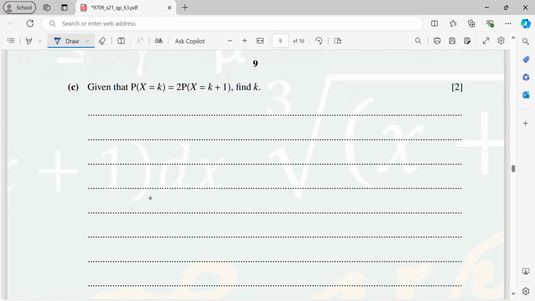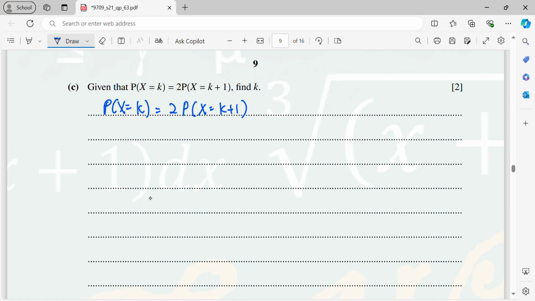C, given that P(X equals k) is the same as double P(X equals k plus 1), find k. So now here just use the formula: P(X equals k) equals 2 times the probability of X equals k plus 1.